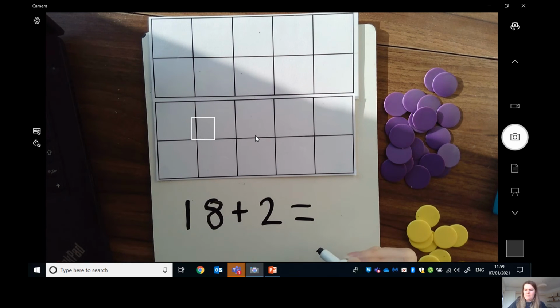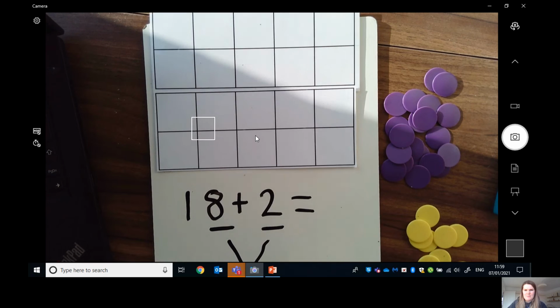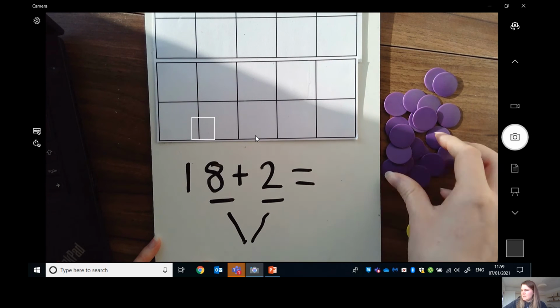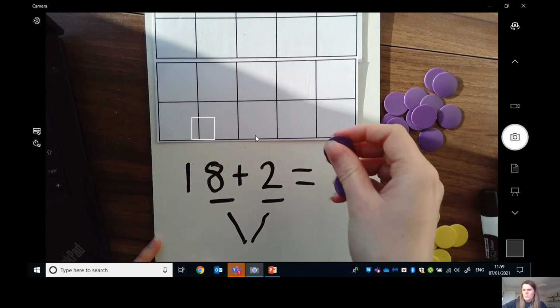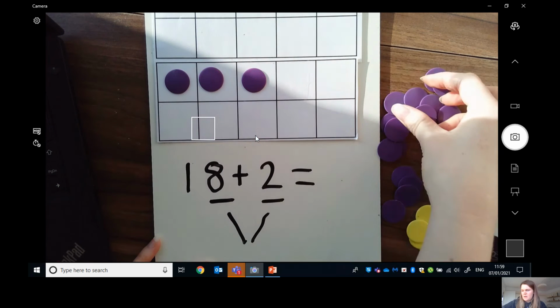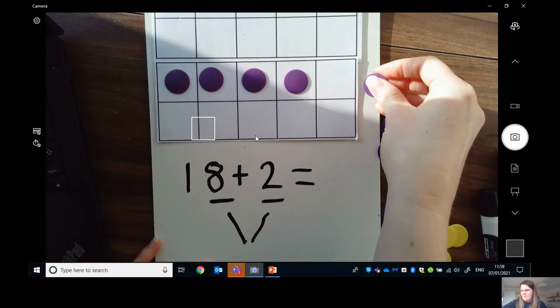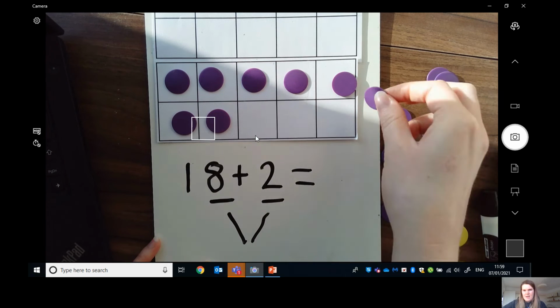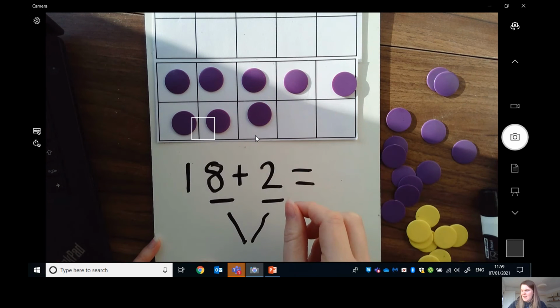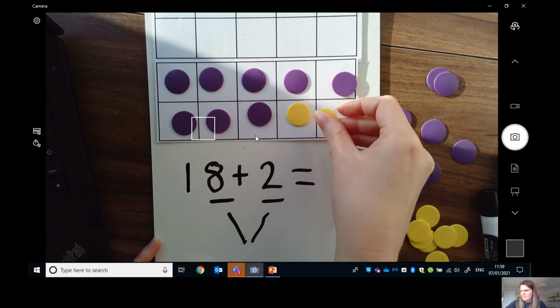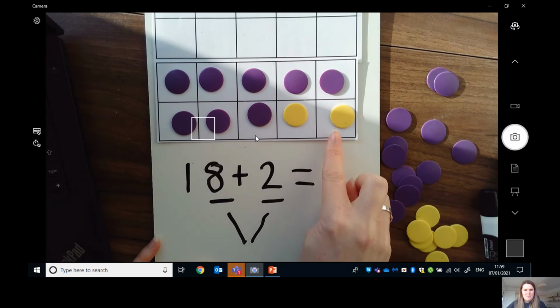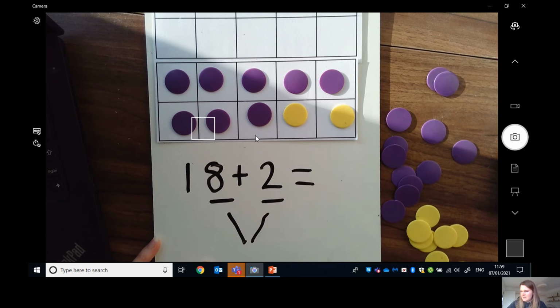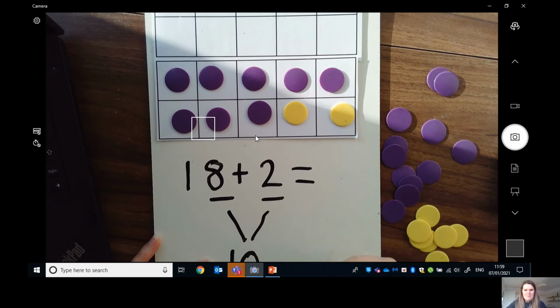Okay, I've written my sum. I know that I can work out what 8 plus 2 is. If I did 8 plus 2, 1, 2, 3, 4, 5, 6, 7, 8, and add my 2, I know that 8 plus 2 makes 10.